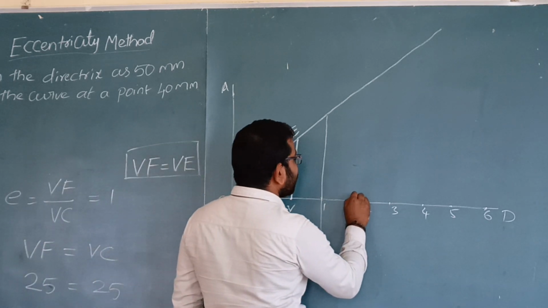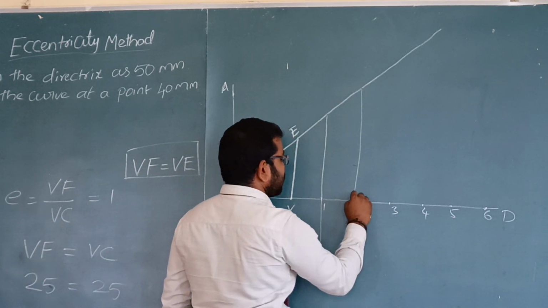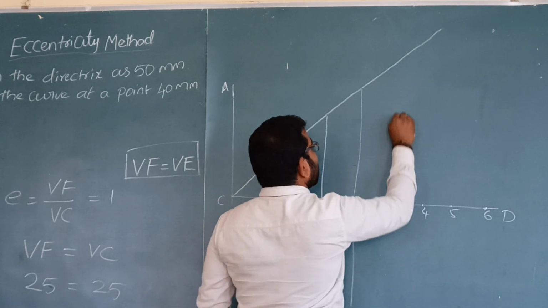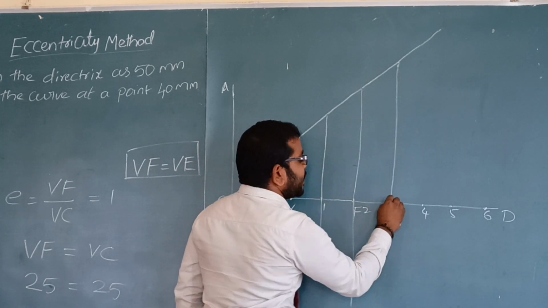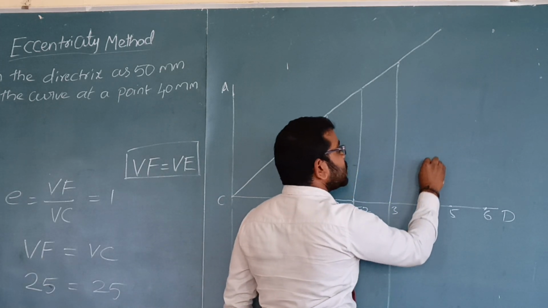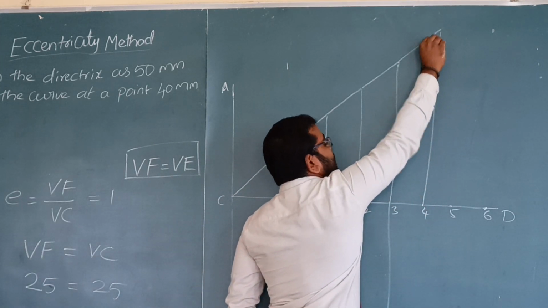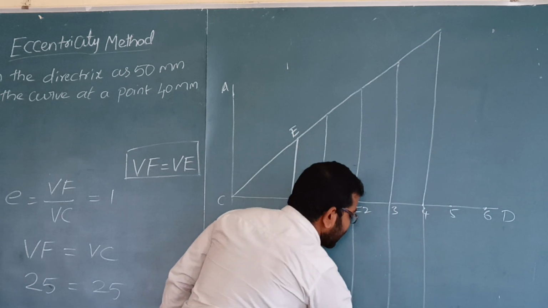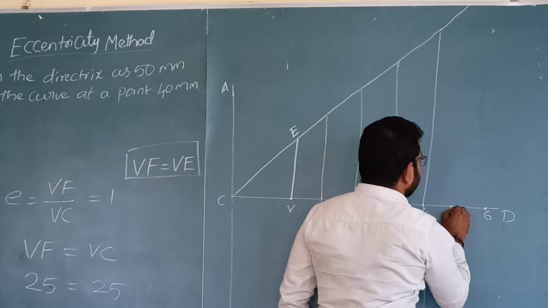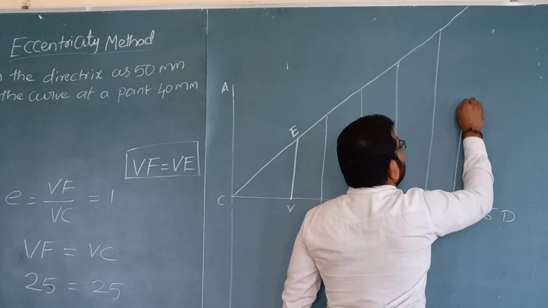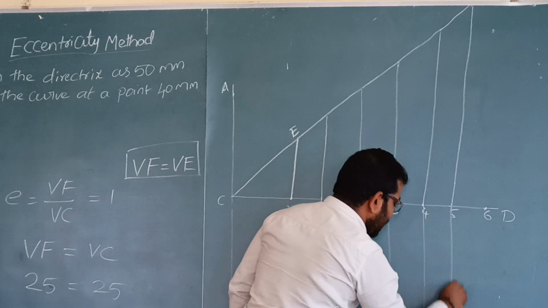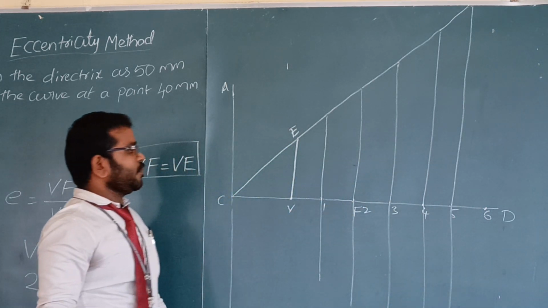From point 2 also we can draw a vertical line above the axis and below the axis. From points 3, 4 and 5 also we can draw a vertical line above the axis and below the axis.